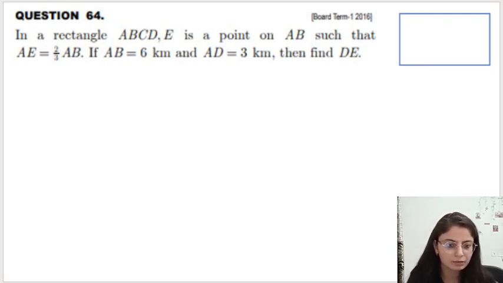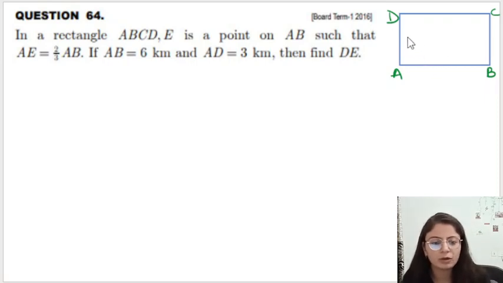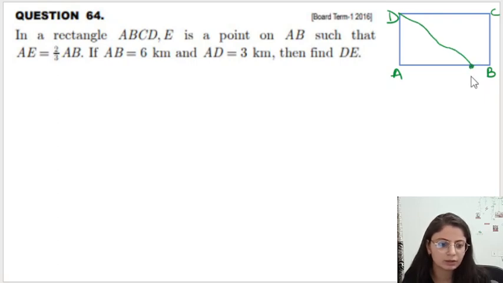I'll mark its vertices as A, this is B, this is C, and this is D. And it's given that E is a point on AB such that AE is 2/3 of AB. So it will be more near to B. So I'll draw this as E. Okay.